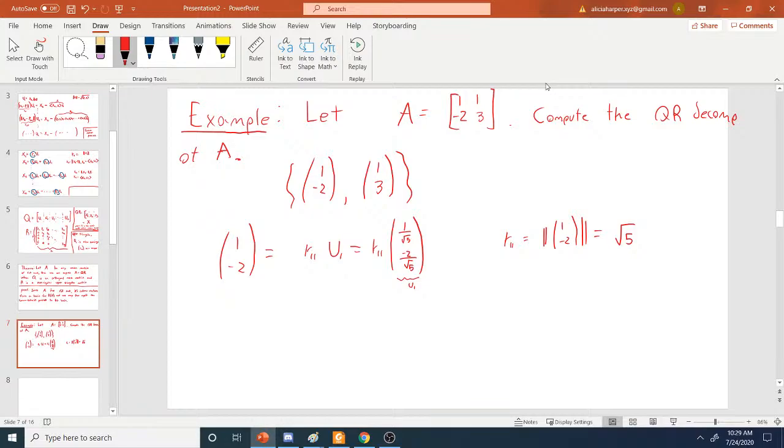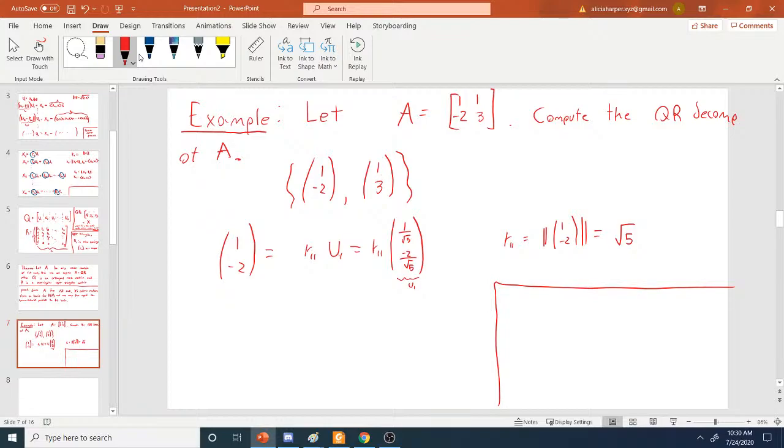The next thing we do is we try to express the vector 1, 3 in terms of U1 and U2. So the right way to do this is actually to do it the way you would do it in the Gram-Schmidt process. So I'm going to do a little sidebar over here.